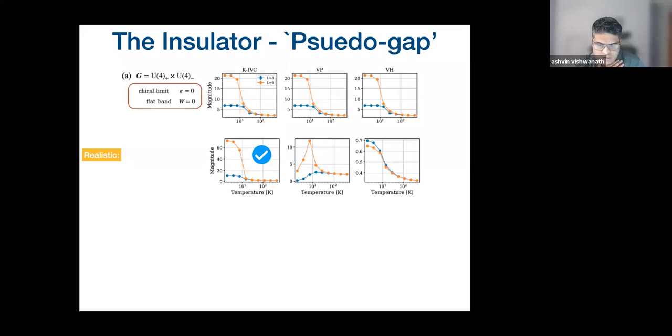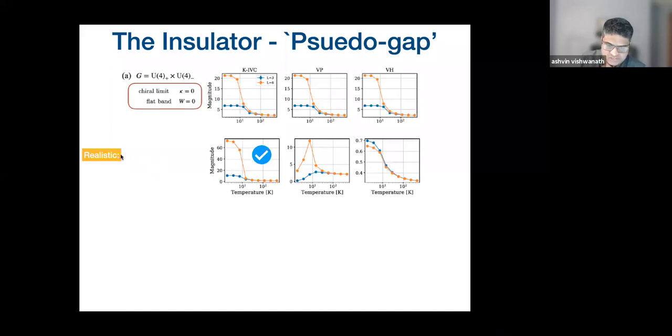If you go to this model with the enhanced symmetry, you switch off the dispersion and go to the chiral limit, you find that many different orders are identical in how they track each other as you lower temperature. This is KIVC, our favorite order, but there are others like valley polarized and valley Hall that are degenerate according to this theory. They're all related by these U4 rotations. That's exactly what we see in the order parameter magnitude that rises as you go to lower temperatures, proportional to the area of the system.